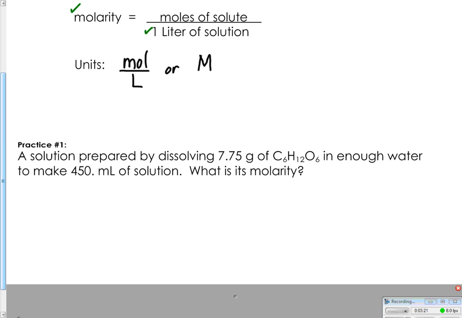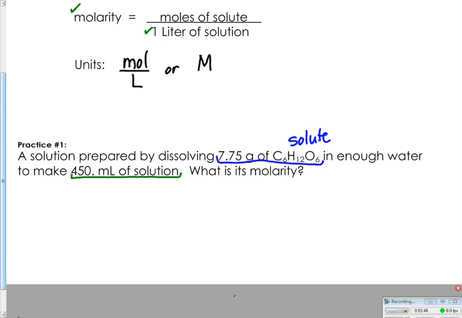It doesn't hurt to identify which is the solute and which gives the liters of solution. This 450 milliliters of solution is going to give us our liters of solution eventually, and this 7.75 grams of C6H12O6 is our solute.